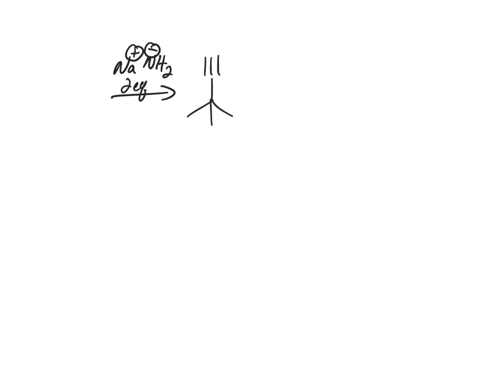So let's number our carbons. 1, 2, 3, 4, 5, 6. So we know between carbon 1 and carbon 2, we need to make 2 pi bonds, right? So we have to do an alkyne synthesis. So if there's carbon 1 and carbon 2, what do we need to put either on one of those or on both of those to get pi bonds?